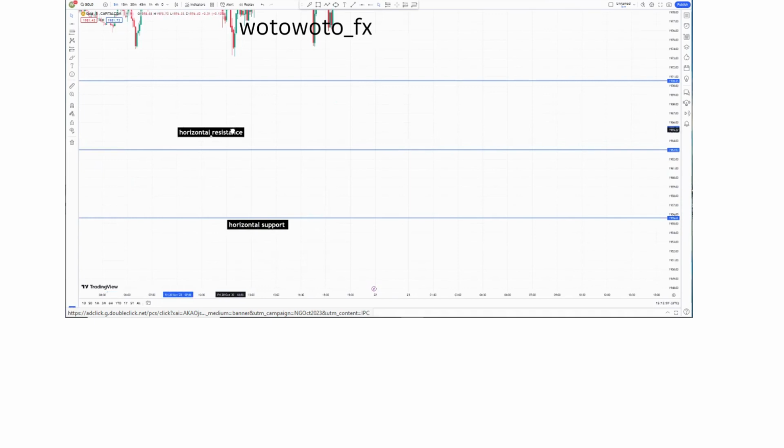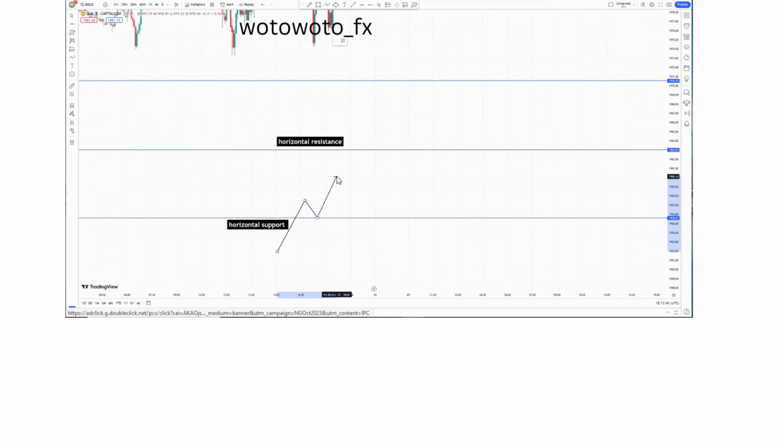Then this is horizontal resistance. So now, why do I call it support and resistance? This is why. In the market, when the market comes from the downside and comes here and taps here, tapping here is called the support level.